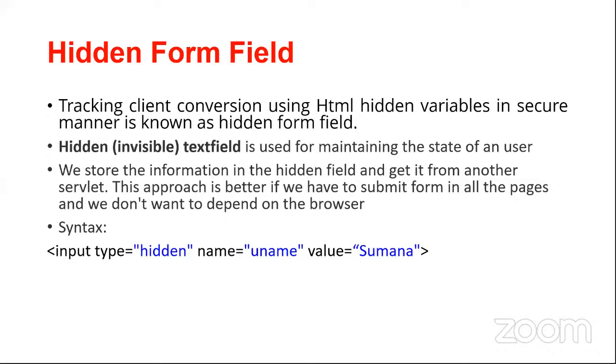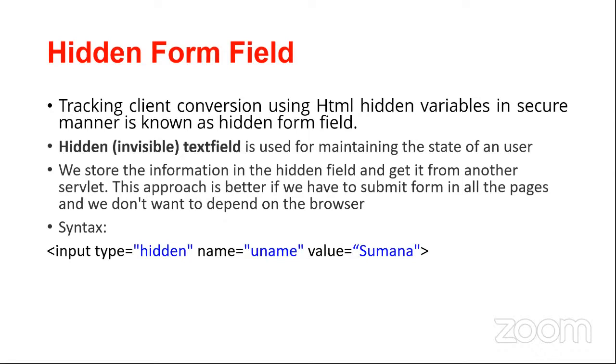So session tracking, tracking client conversation by using HTML hidden form fields. So hidden form variables. Okay, so variables, the username and all, the UI components or the values which we pass, those are the hidden variables, in a secured manner.